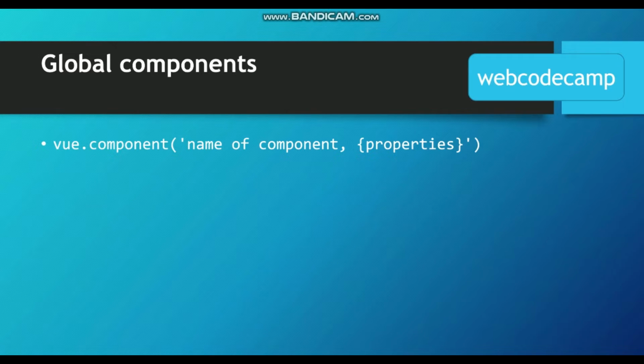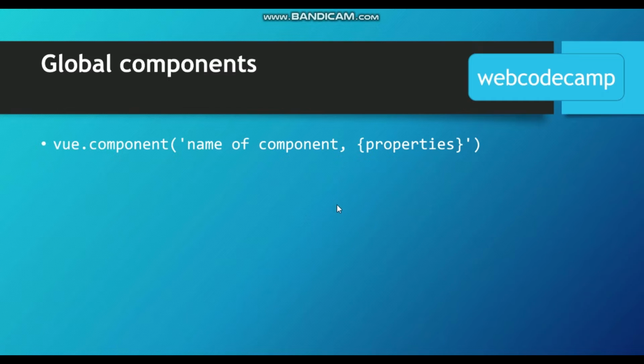Here you will see two parameters: the name of the component, and an object that describes the properties of the component. I hope you understand this global component and how you create it with Vue.component, which takes two parameters.